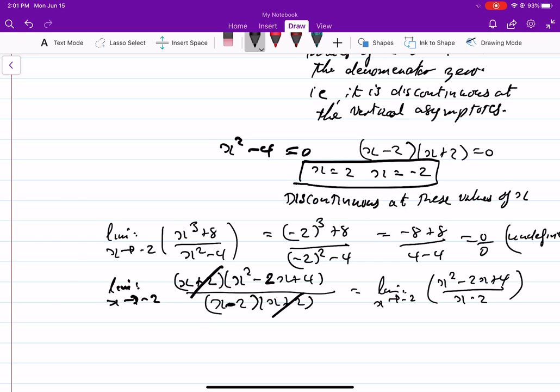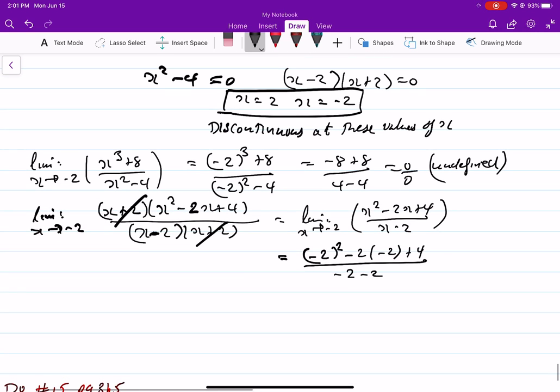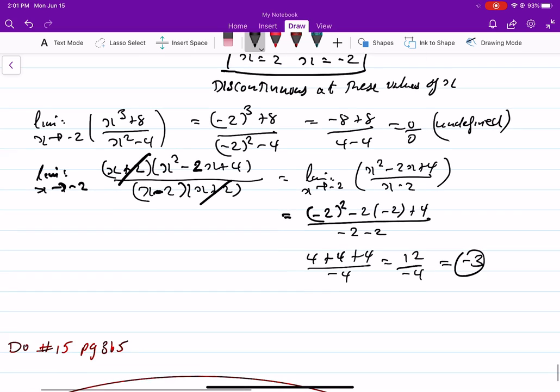And you plug in x equal to -2. So that becomes -2 squared minus 2 times -2 plus 4, and on the bottom -2 minus 2. What does that look like? 4 plus 4 plus 4 upon minus 4, that's 12 upon minus 4, which looks like -3.